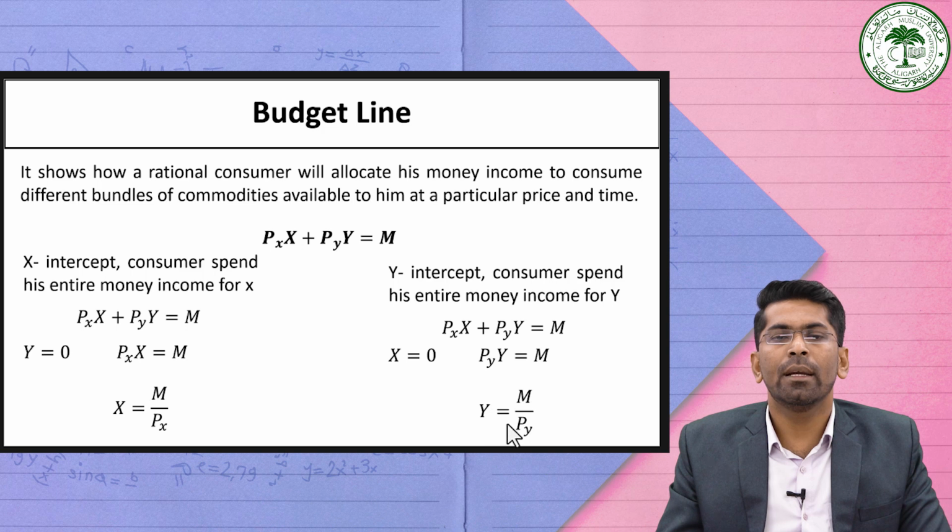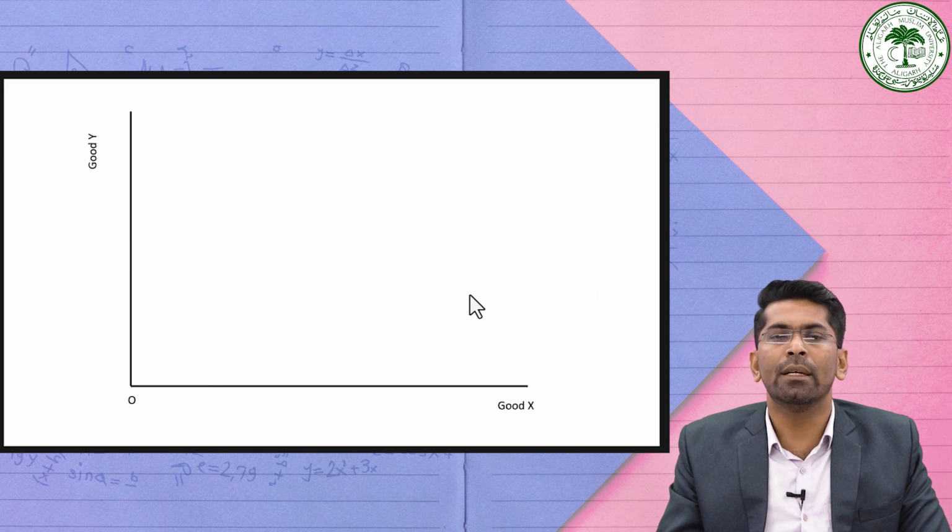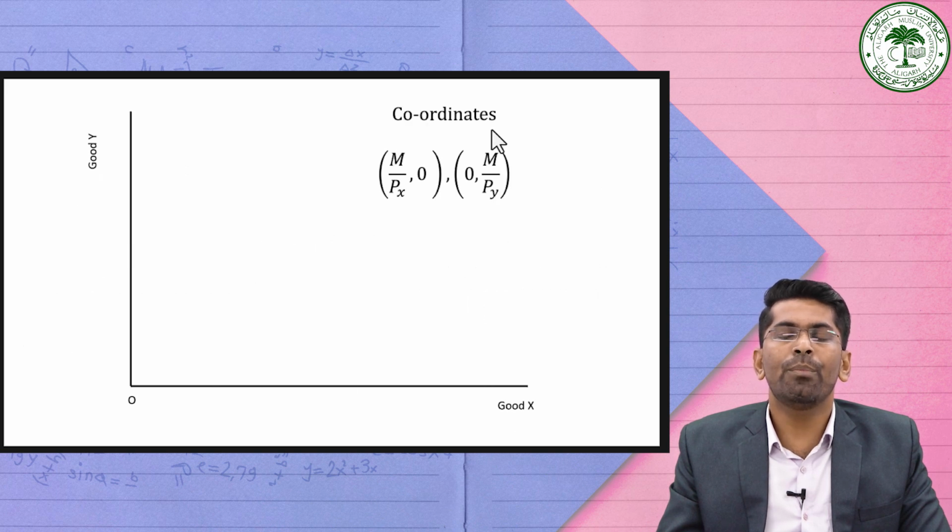And this is the y-intercept term, that is, by assuming X is equal to 0, the y-intercept will be M upon Py. Now we have both intercept terms: the coordinate points are M upon Px when Y is equal to 0, and M upon Py when X is equal to 0.